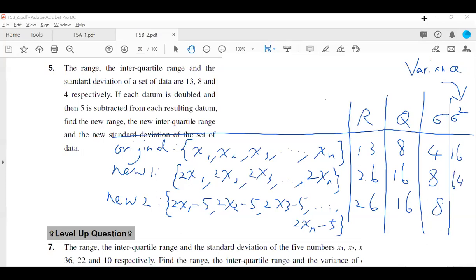Okay. And then after the second step, minus 5, the new sigma is still 8. And then the new sigma square is still 64. Okay, you just do the square. Do you understand this?